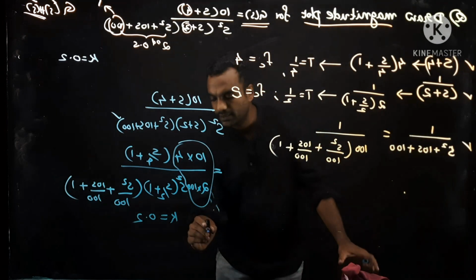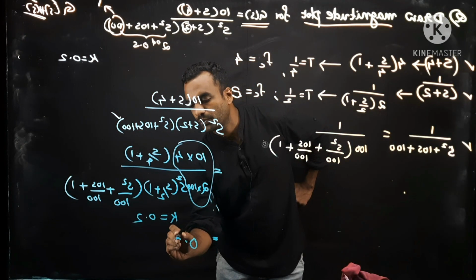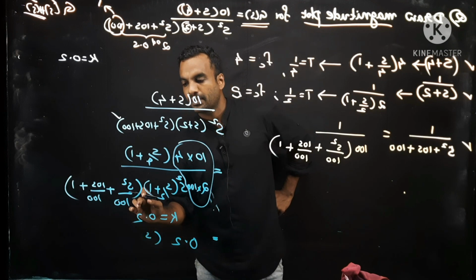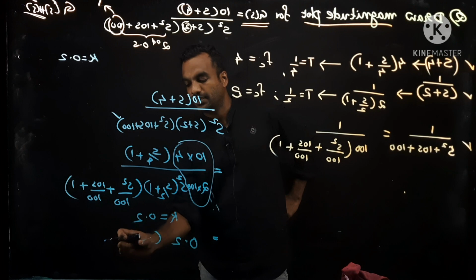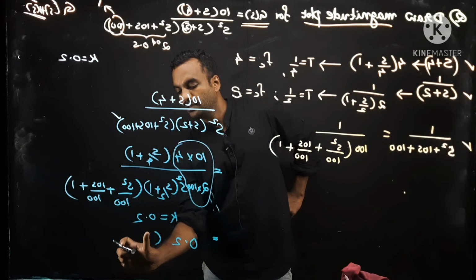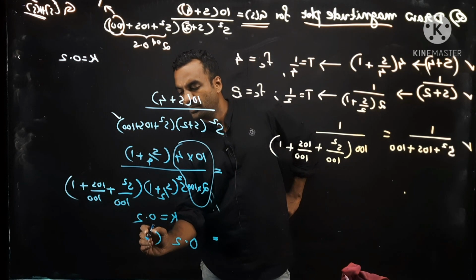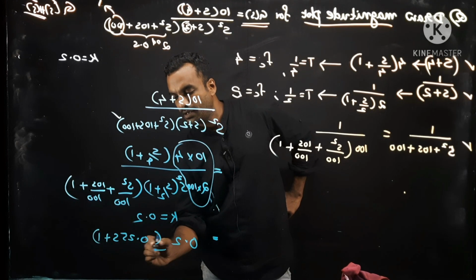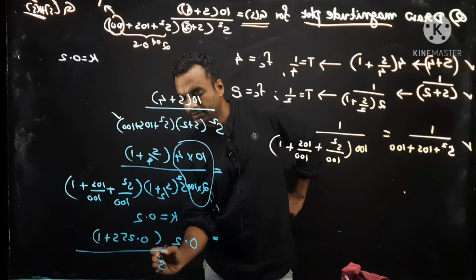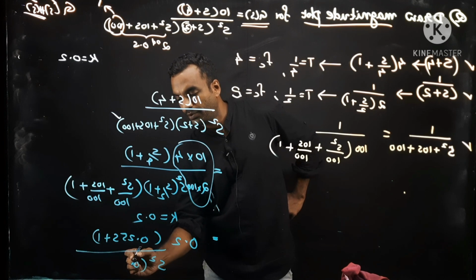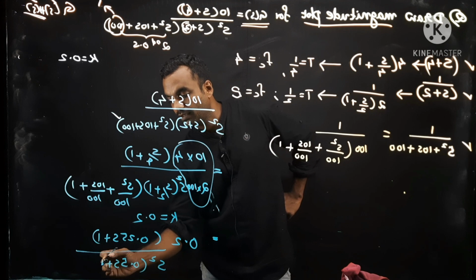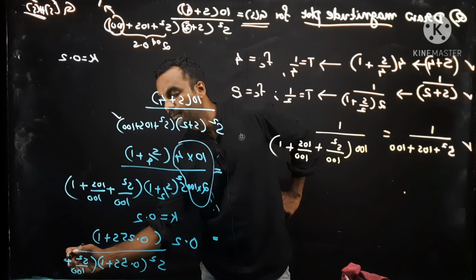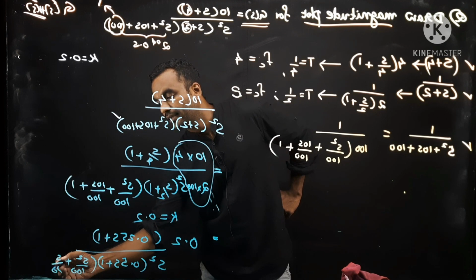In the next step I can rearrange it as 0.2 into s by 4, and s by 4 is nothing but 0.25 s plus 1, divided by s square into 0.5 s plus 1 into s square by 100 plus s by 10 plus 1.